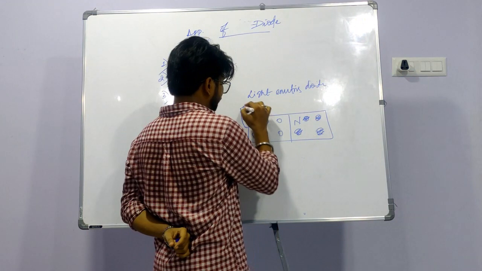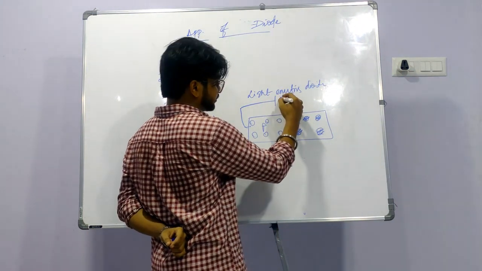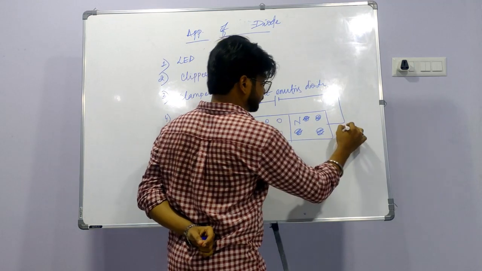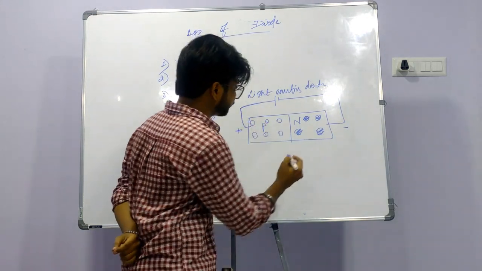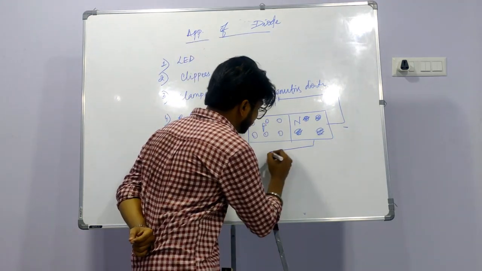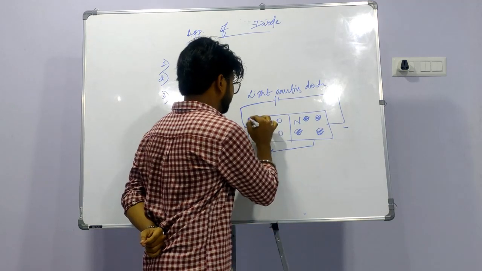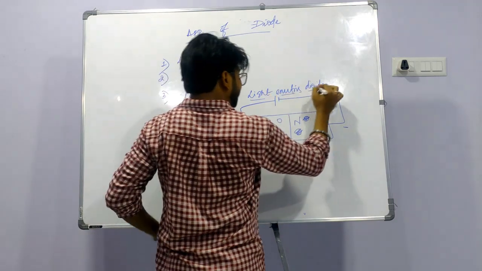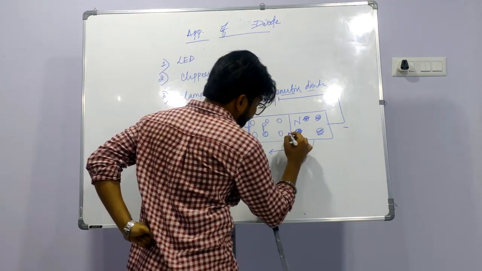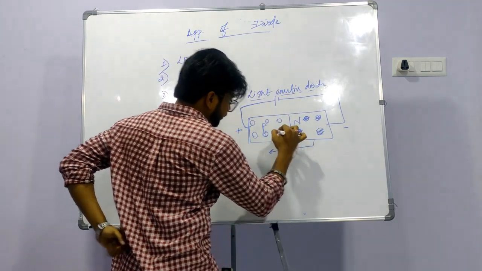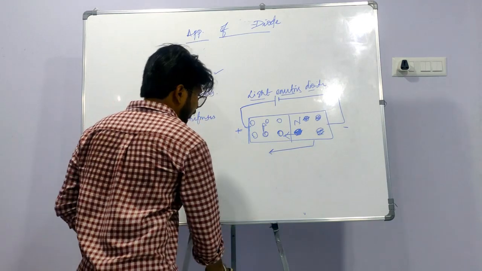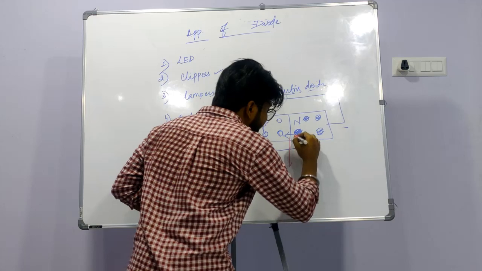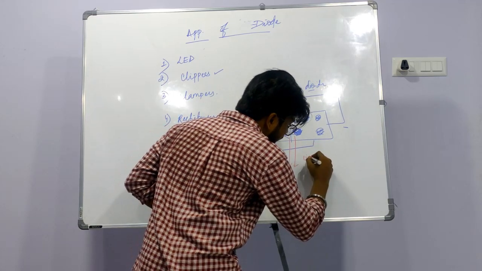Now under forward bias condition, the electrons from the N type move on to the P type. Then in case of an LED, these electrons recombine with these holes. While this recombination process happens, it emits light.